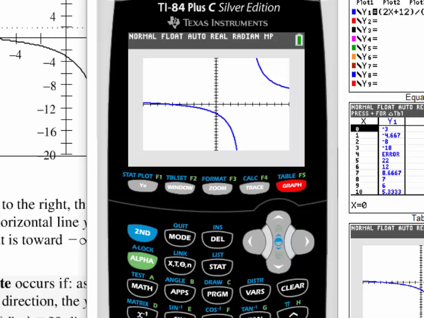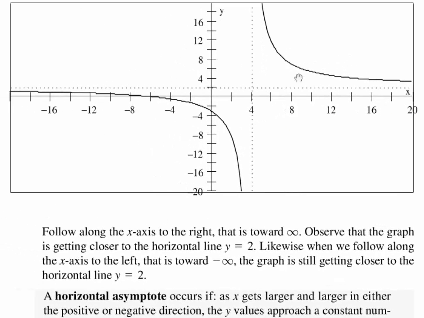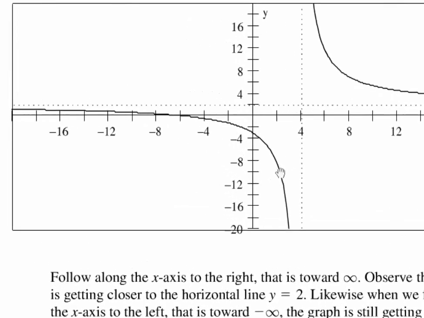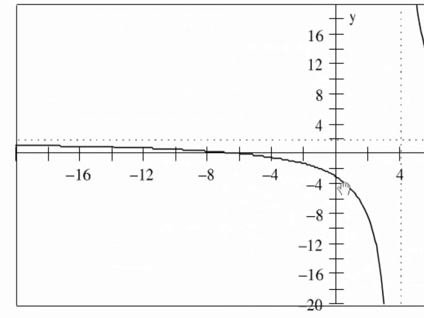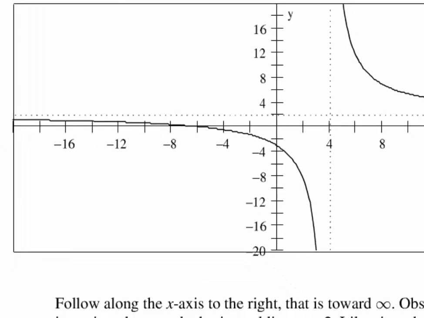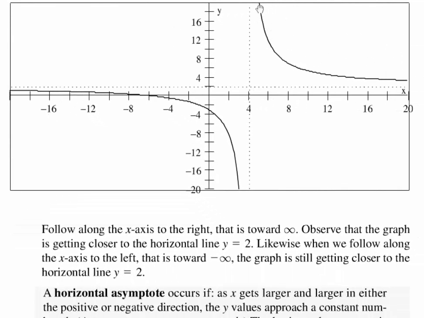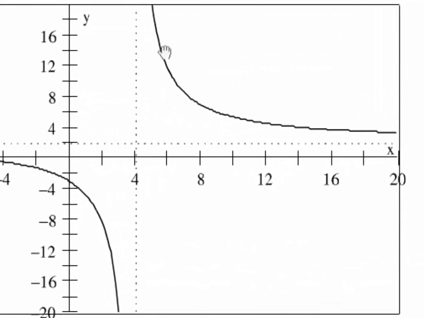So what the book says is really what happens when x gets really negative, right? If you look at the hand on your screen, I'm tracing the graph. As I make the graph really negative, this line is going to get very close to a number but not touch that number. And we want to determine what that number is. And if I make x really large, my hand is tracing this graph and going to the right.